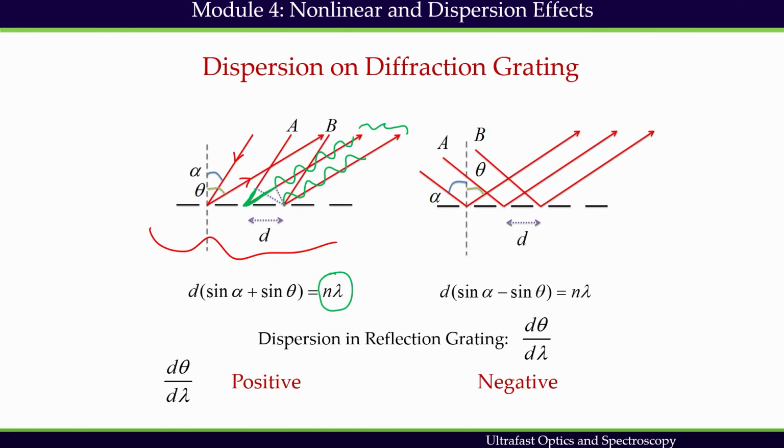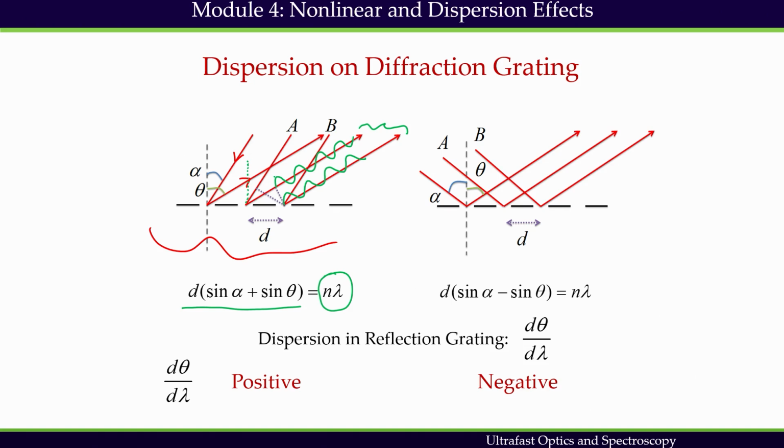And how do we get that length? We have to get that length. This is the extra length which will be traveled by the beam A. We can get this length by employing trigonometry.